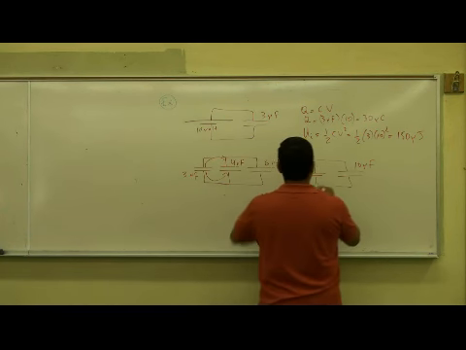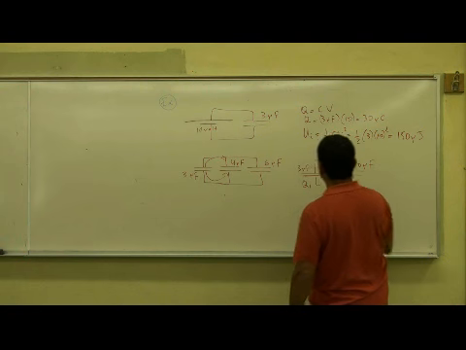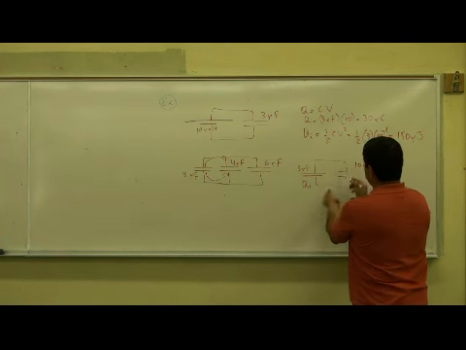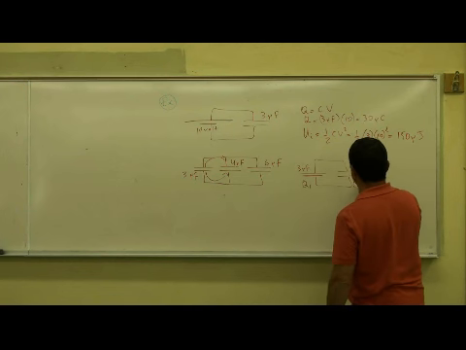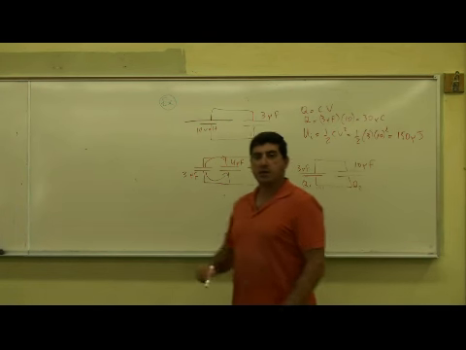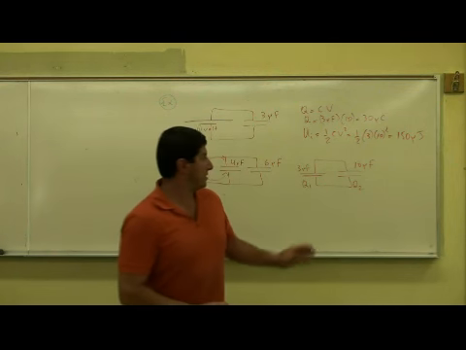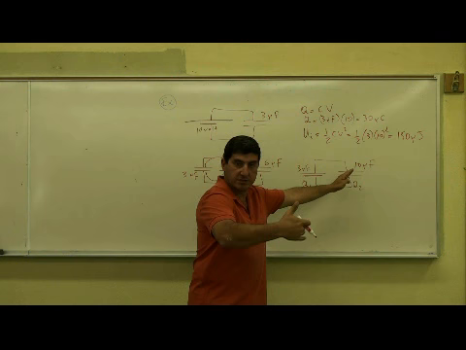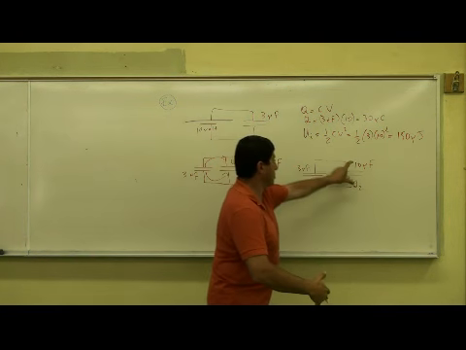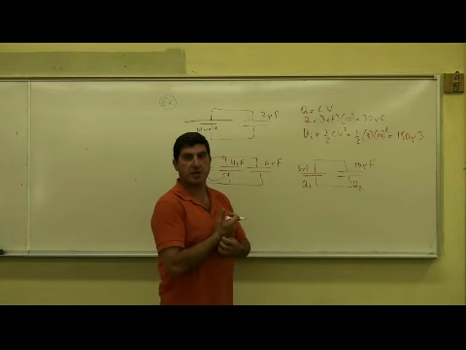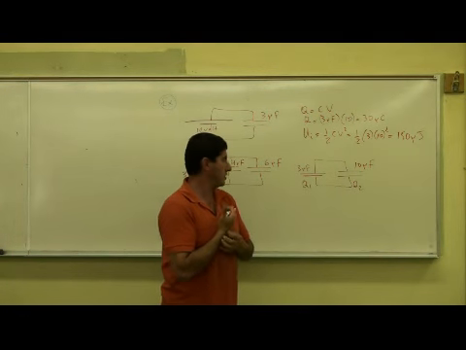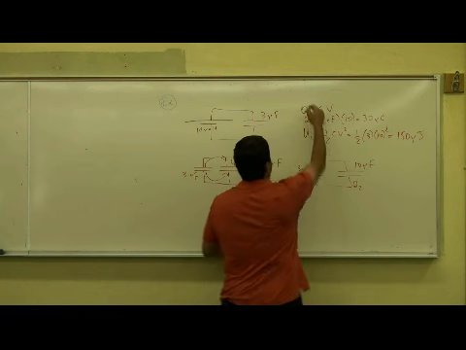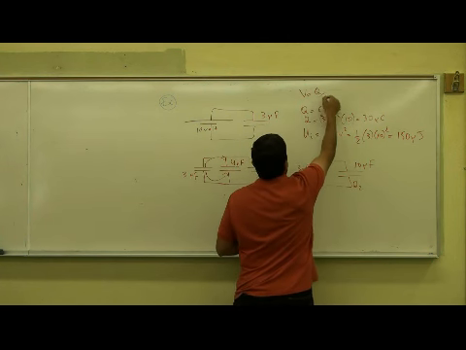So now here's what you argue. The charge of this goes down to some charge Q1. It loses some charge. The charge of this one goes up. Let's call that Q2. This one stops giving charge to that until the moment when the 2 voltages are equal to each other, and then it stops giving charge to the second capacitor. So the voltage here, remember, V is equal to Q over C, right?